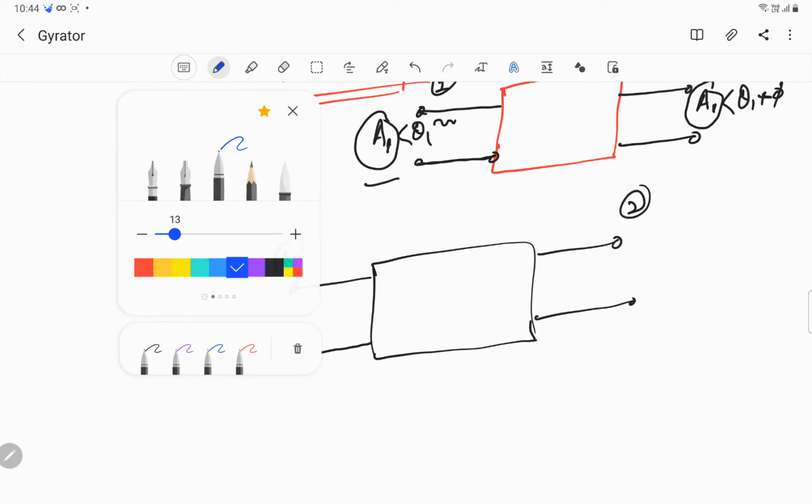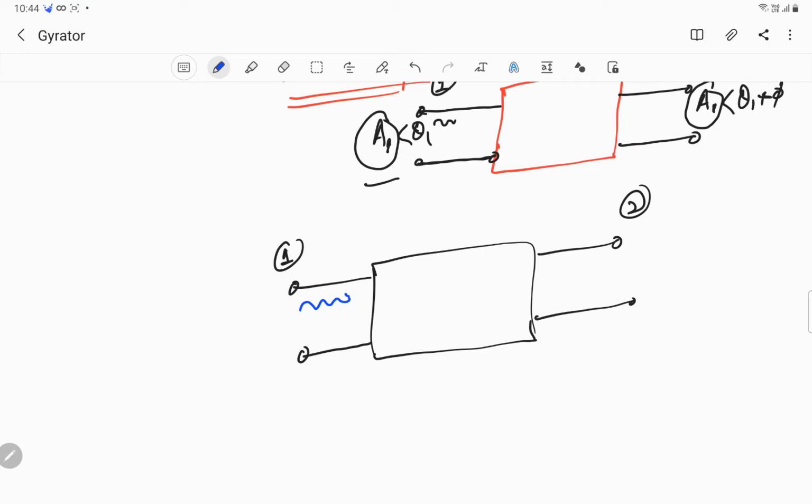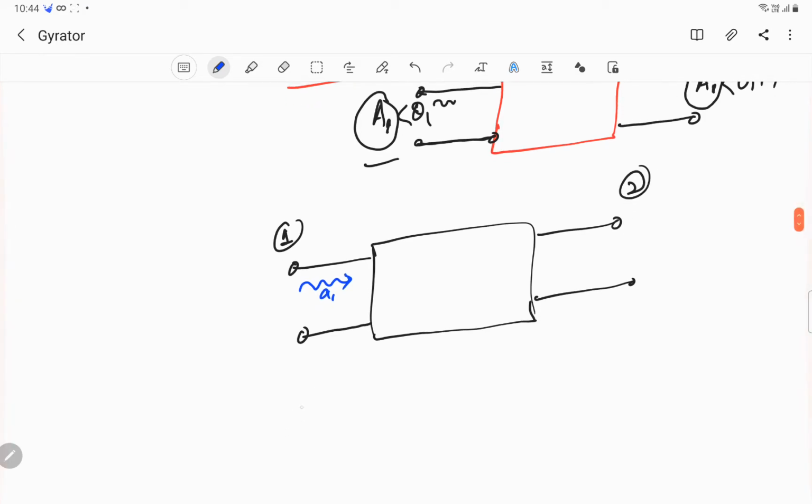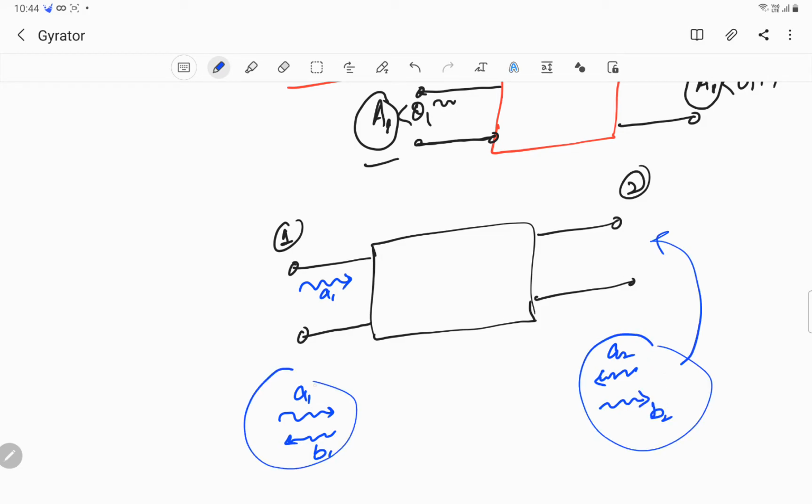Let's assume I have a signal A1 being fed at port 1. The terminology we used so far when discussing S parameters was A1, B1: A1 the incident, B1 the reflected. And at port 2 we used A2 incident, B2 reflected.